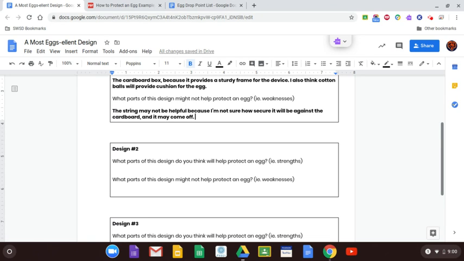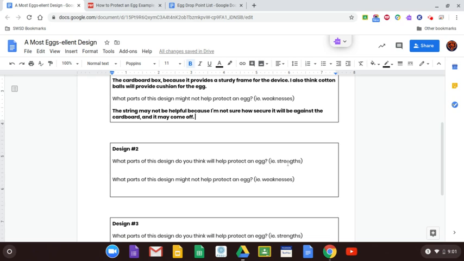Some weaknesses in the past have been something like the materials are not very strong. It may be too expensive to put together. And expensive meaning point-wise. I'll show you the points in just a second. It may be that the items are difficult to work with.